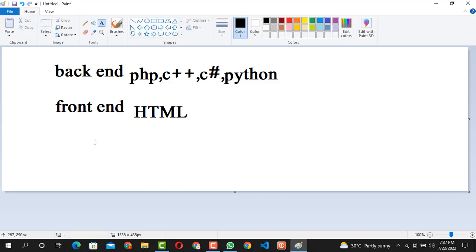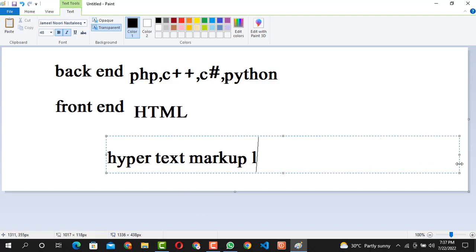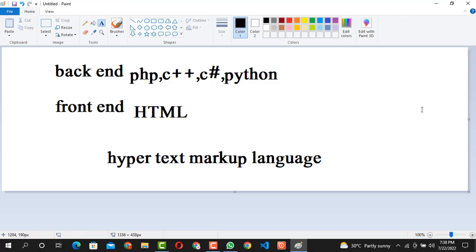HTML is also called hypertext markup language, and it is used for web designing, for the web pages. You can design a lot of web pages in HTML.